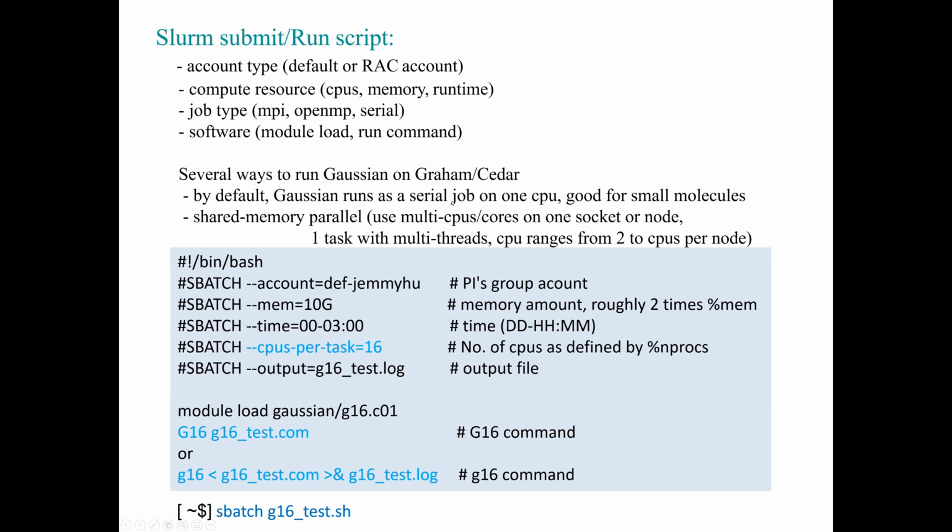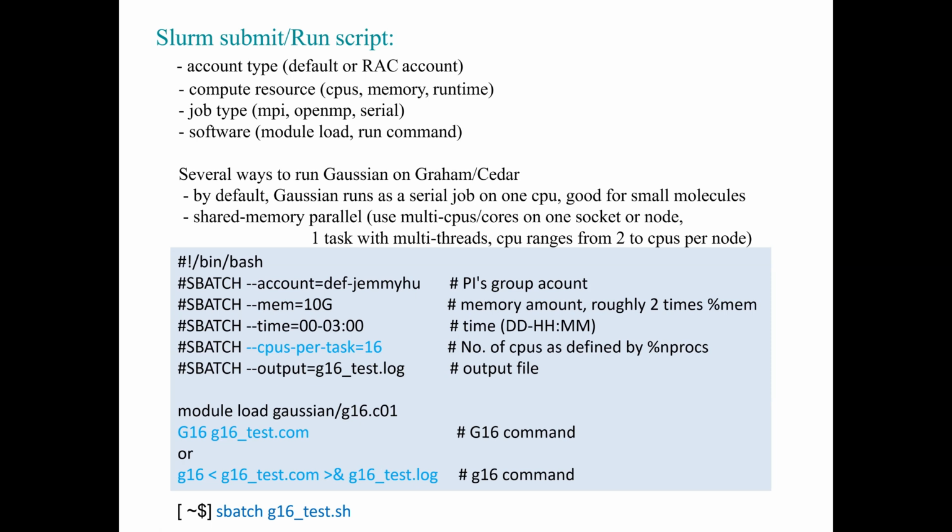Okay, the default is a serial job on one CPU, so you don't need to specify it, and it's still good if you work on a small molecule. The shared parallel option is how many CPUs to use. You can use from 2 all the way up to the maximum CPUs on that node.